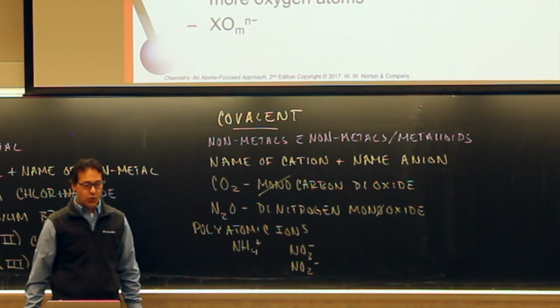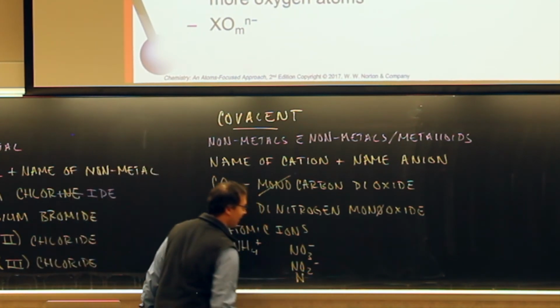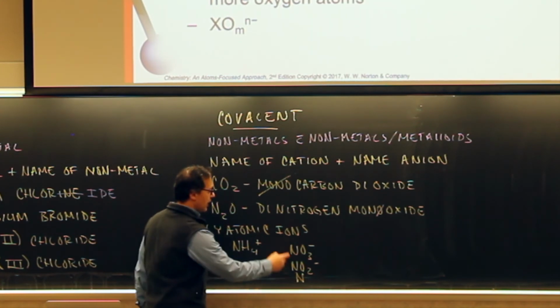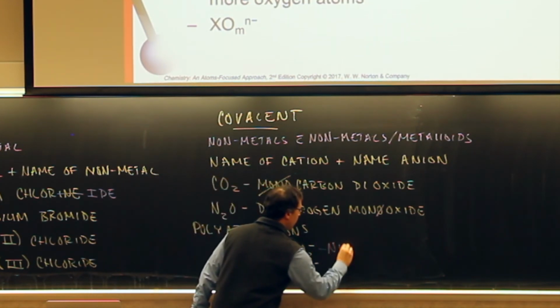That's nitrite. Oh, did I say that wrong? I think I said that wrong. I'm going to have to reverse that on the video. Okay, nitrate. Let me write that down here. Nitrate.